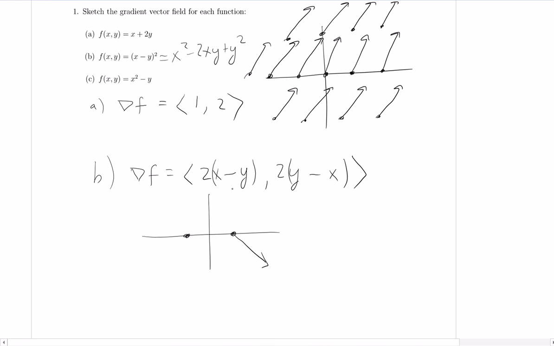Then the x-coordinate will be minus 2, and the y-coordinate will be plus 2. So it will point like this. How about if we pick 0, 1? Then we'll get minus 2 and positive 2.